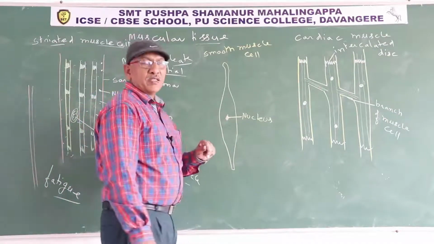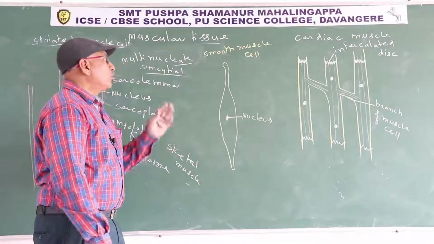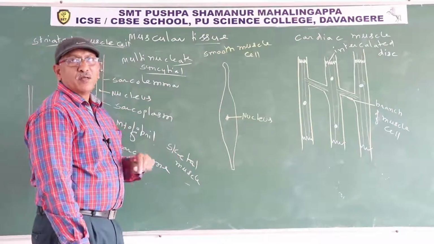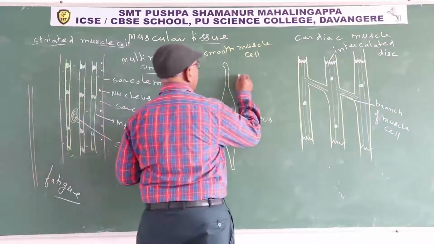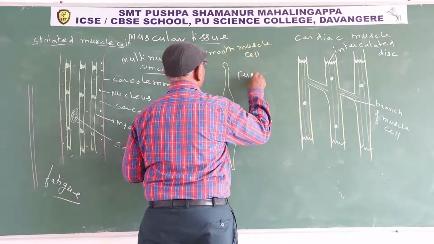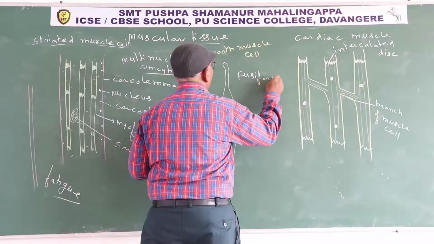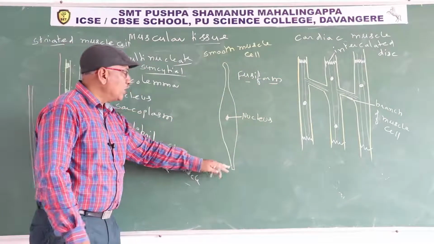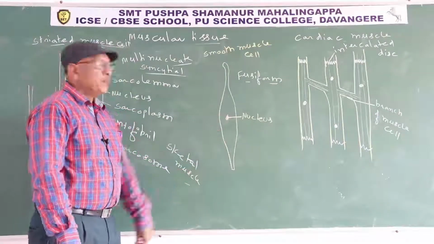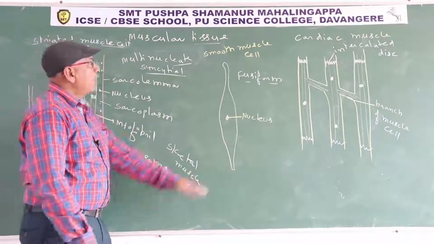Next one, smooth muscle. Smooth muscle contains several smooth muscle cells. Each muscle cell is fusiform, meaning spindle shape. Anterior and posterior parts are pointed. Middle region is broad.